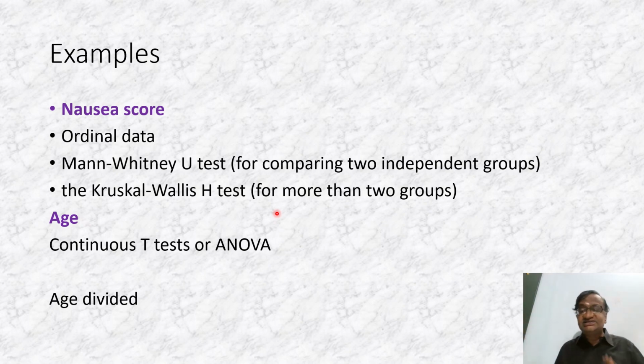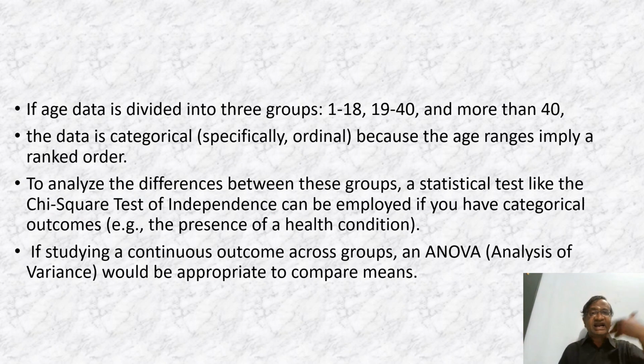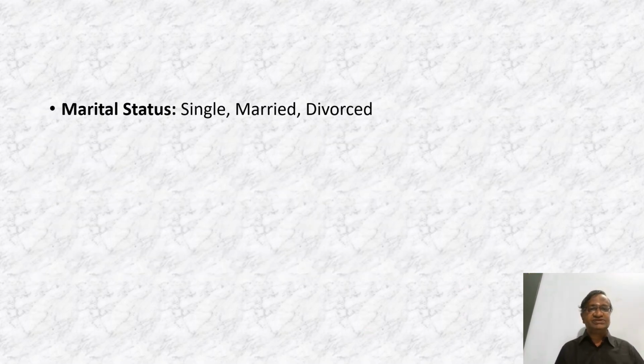If you have divided the age like this, then the data is not continuous. It is ranking. The data becomes categorical, ordinal, then we may need to use chi-square test for independence. And if a continuous outcome is not there, then we may not use ANOVA. So this is the difference.